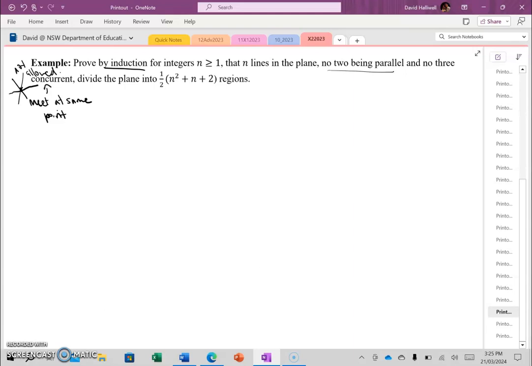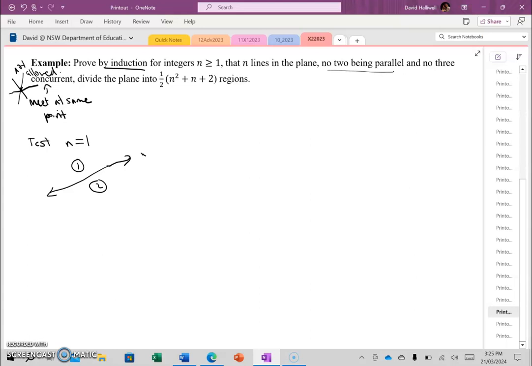Let's just start. The lowest value of n would be n equal 1, so let's start our induction by testing n equal 1. Convince yourself that if this is your line that goes on forever in both directions, there should be 2 regions there.